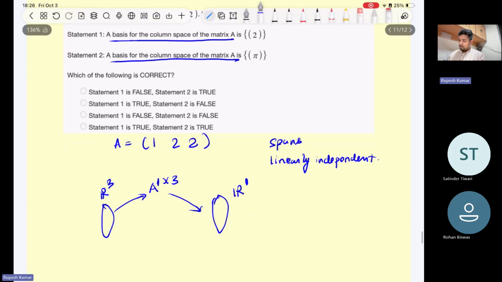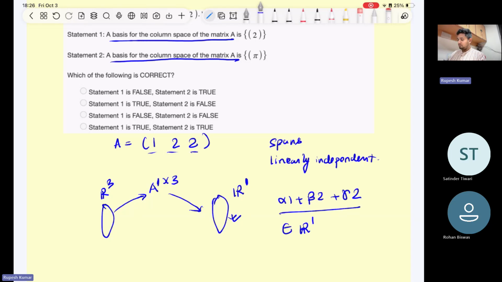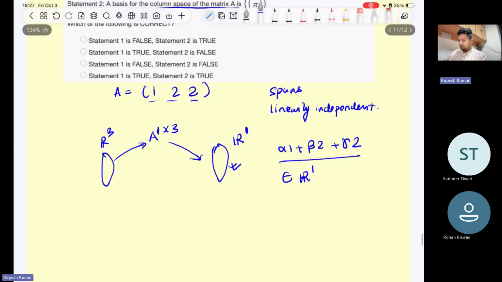The column space is basically this output space, the linear combination of the column vectors, which are alpha into 1 plus beta into 2 plus gamma into 2. So this is essentially a one-dimensional space. This belongs to R1. So what is the basis for R1?